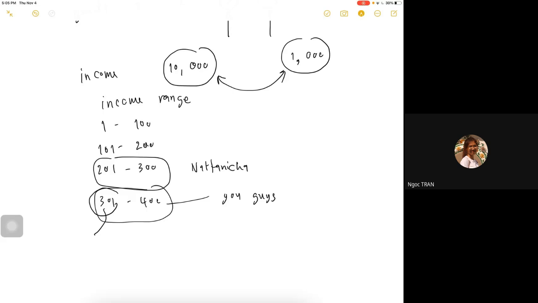So person A will be in this range. We cannot know exactly how much they earn, but their income falls in this range. This is how the interval variable looks.